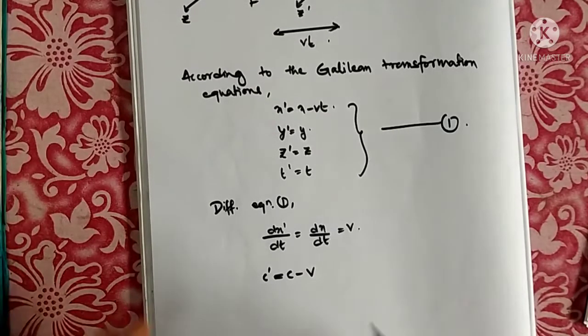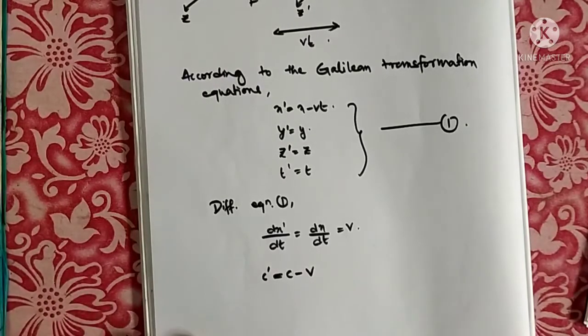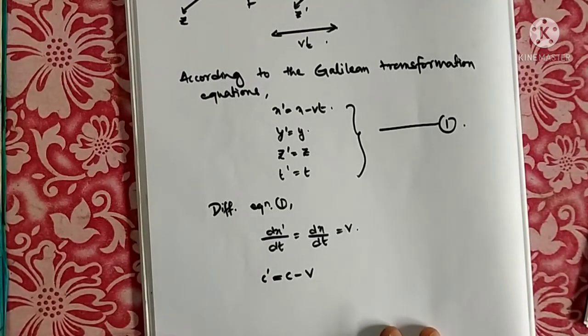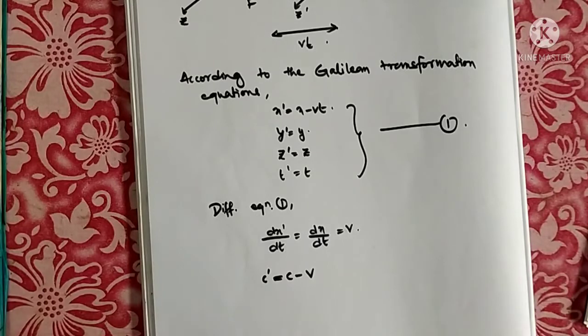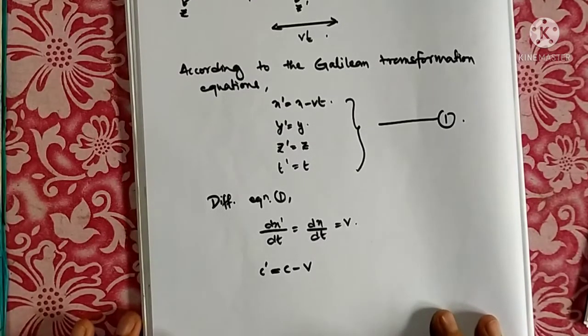And this equation says if a person is moving in a spaceship, the speed of passing light will be c minus v. But according to the postulates of the special theory of relativity, the velocity of light remains constant in free space. This suggests that the Galilean transformations are not in accordance with the special theory of relativity, so the need for a new transformation equation is there.